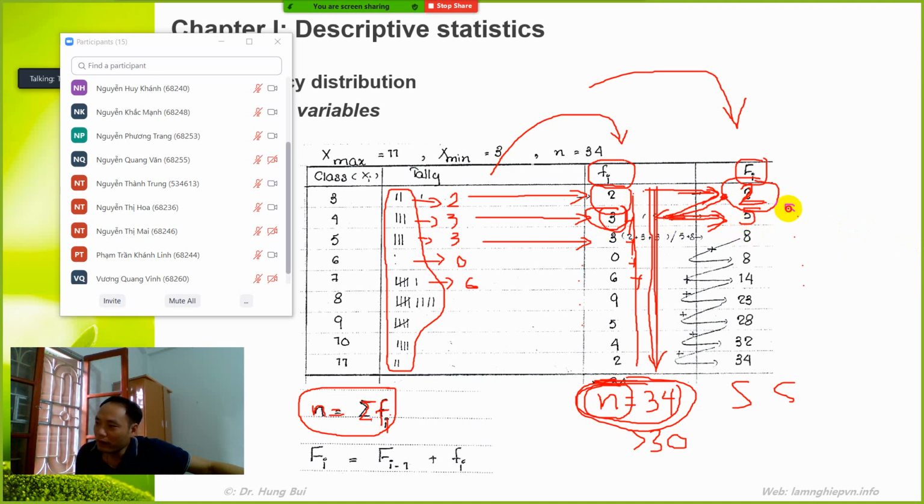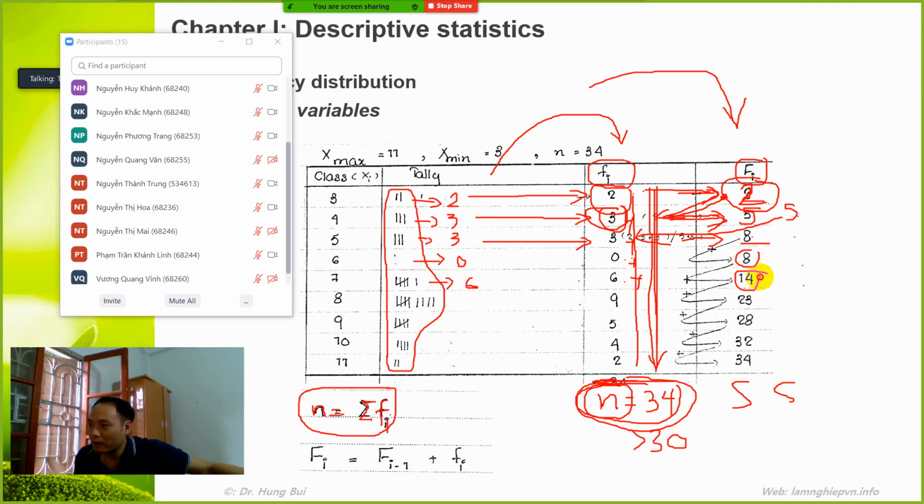And next one. So we take 5, here 5. Take 5 plus 3 equals 8. And next one, and next one, and so on. So write it down. Do you understand? So the next one, 8 plus 0, so equals 8. Next relative frequency, 8 plus 6 equals 14.